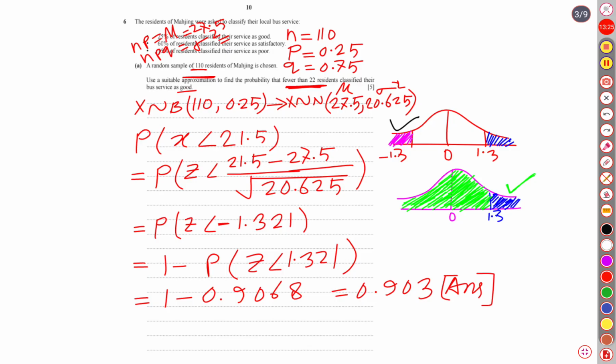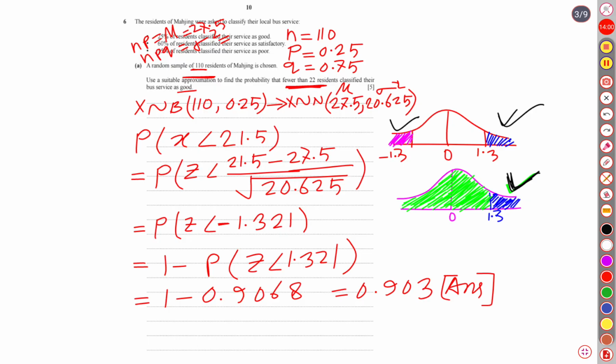So we just reverse this, because the curve is always symmetrical. Then we require this right part. This part is our required probability. So from the whole probability we just subtracted the left part, I mean z less than 1.321, and then we got our required probability. So this is how we can solve.